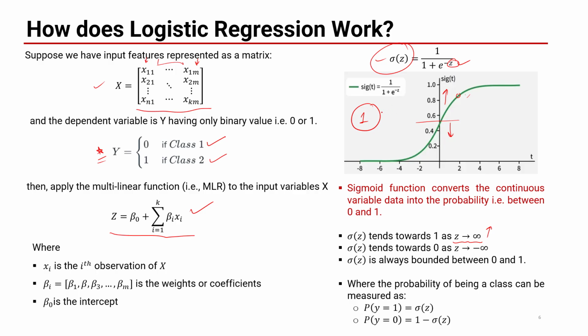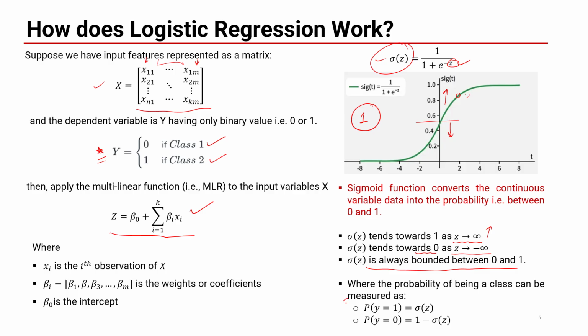Okay, so we can clearly classify that one. Whereas if the z value reaches minus infinity, then the probability of that particular data point is going to be 0. So that's where we are saying the answer of this is going to lie within 0 and 1.